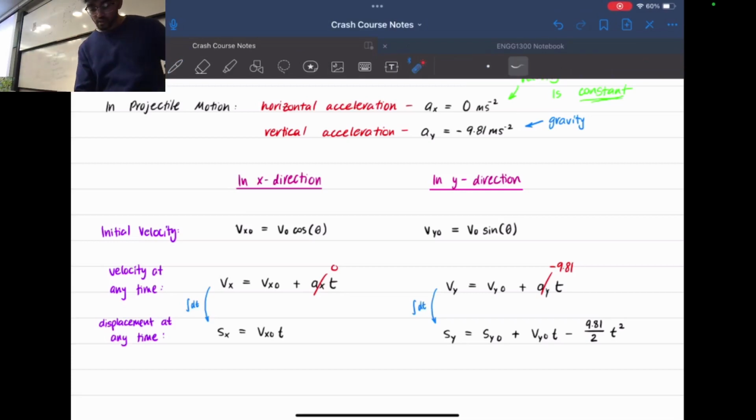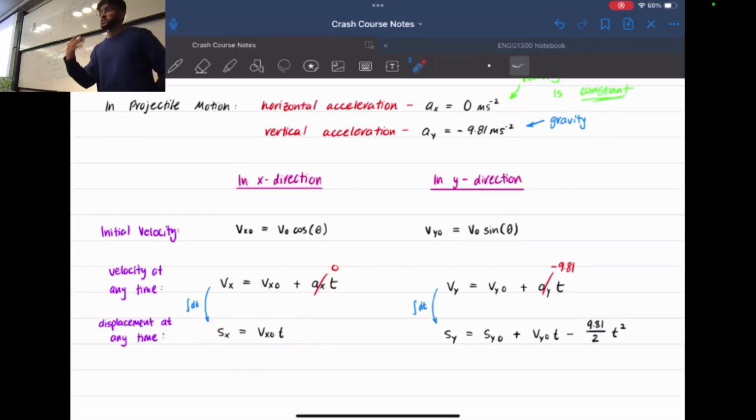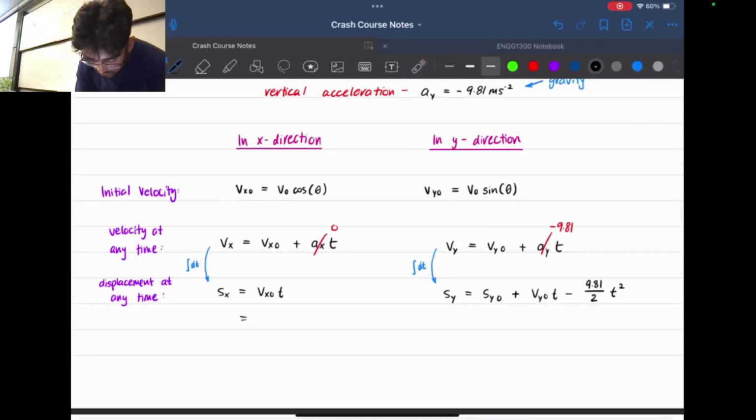Okay? So since this term equals 0, and this Vx0 is always constant, our x displacement is always Vx0 t, which is equal to, as I put on the board, V0 cos theta t.